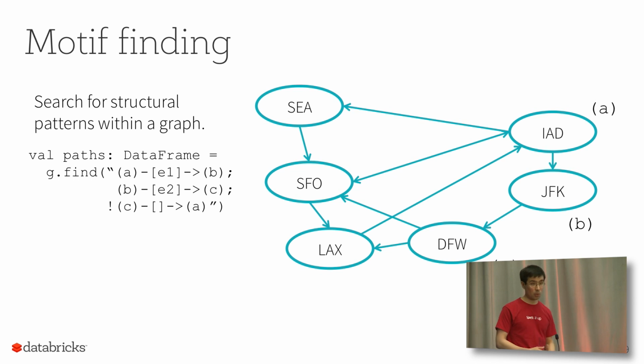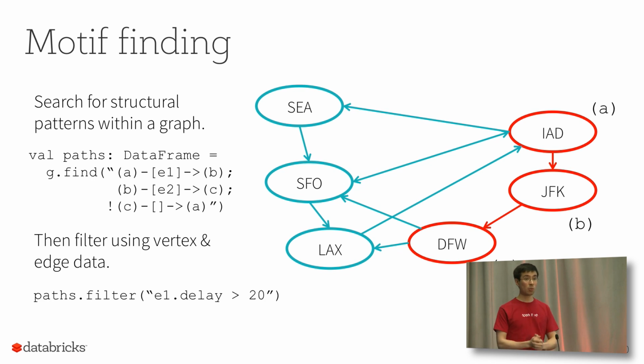And the final line in the query says there is no edge going back from C, Dallas-Fort Worth, to A, IAD. Cool. So we found one example of this motif in the graph. And what you'll get is a data frame with a bunch of rows, a bunch of instances of these.